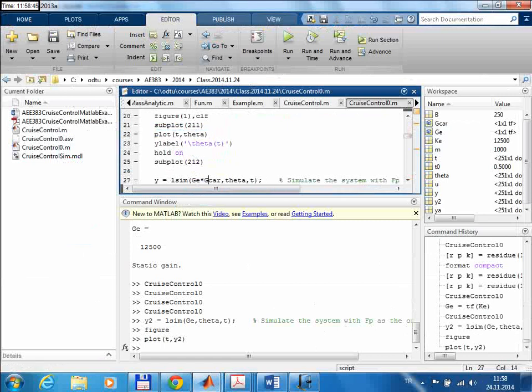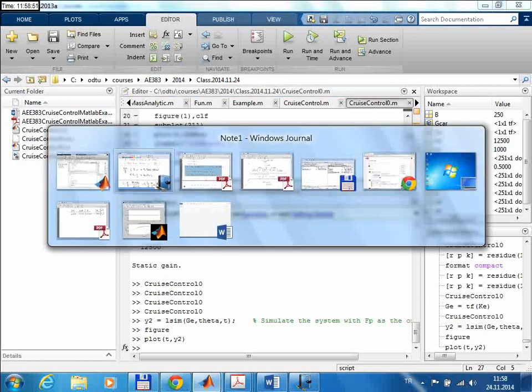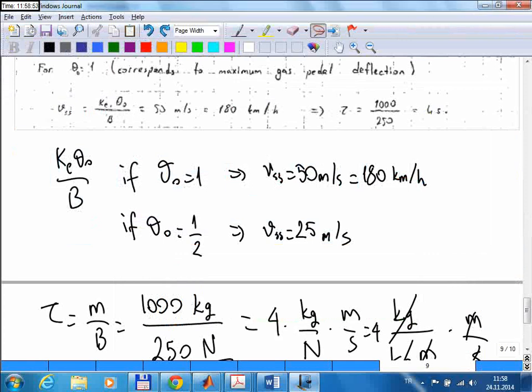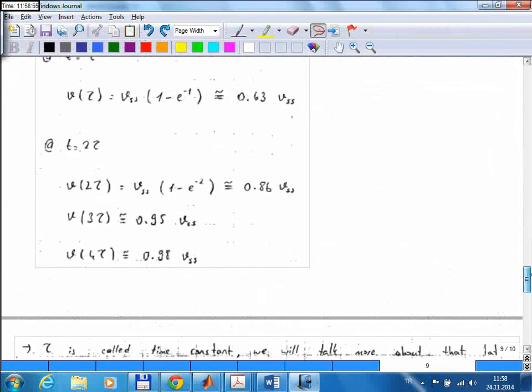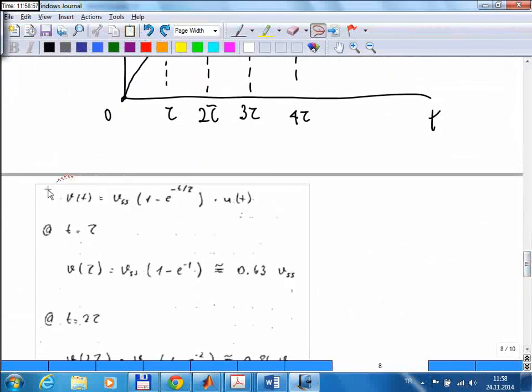And the response of the car, I directly use the MATLAB LSIM commands. Okay, so I know that the output is given by this expression. So this gives the output of the car. But instead of using this function, I generate the outputs by using the MATLAB LSIM commands.